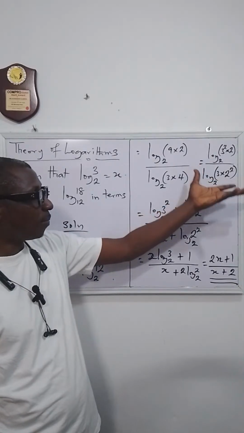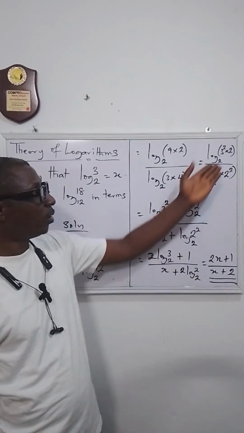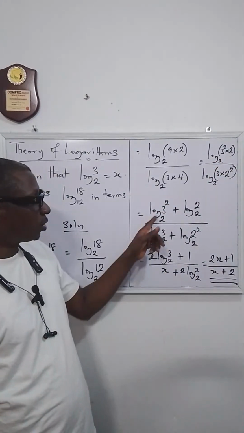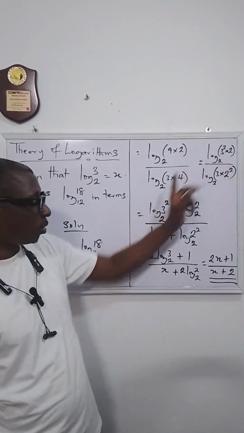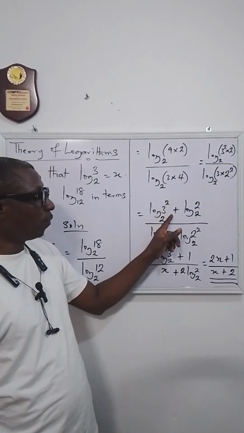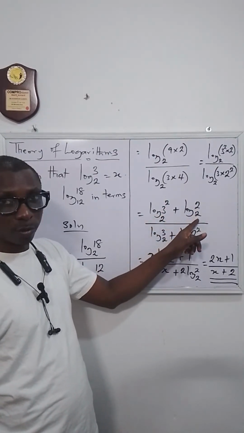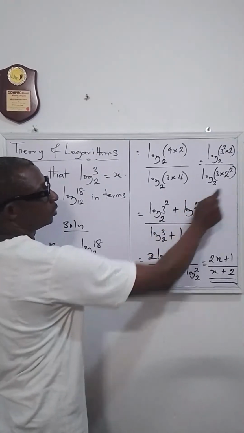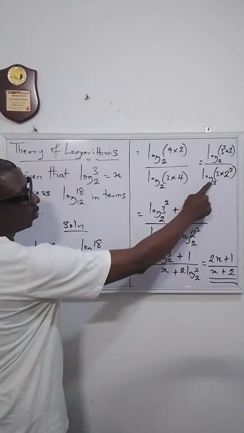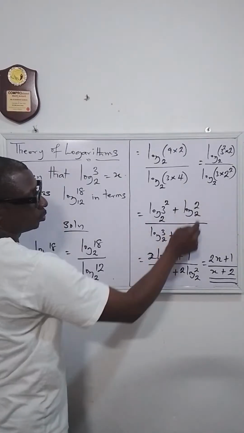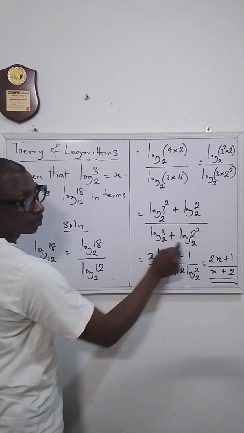Now the next thing is to apply one of the laws of logarithms. So when multiplying, you add. So now this numerator turns to log 3 raised to the power of 2 base 2 plus log 2 base 2. The same thing also applies to the denominator. So log 3 base 2 plus log 2 raised to the power of 2 base 2.